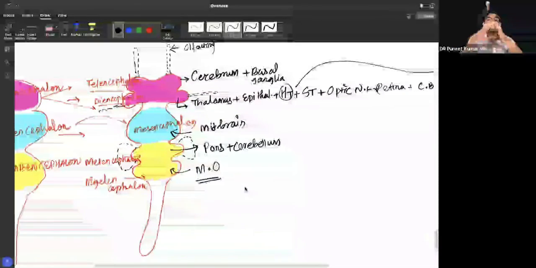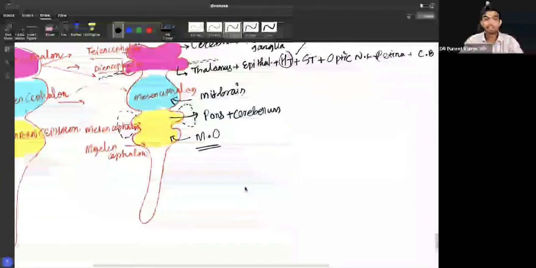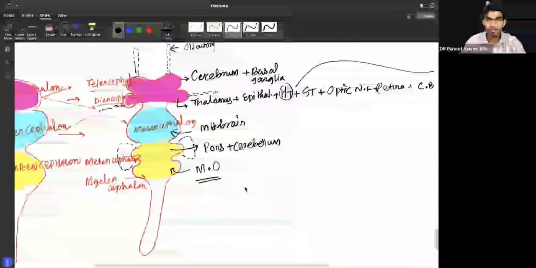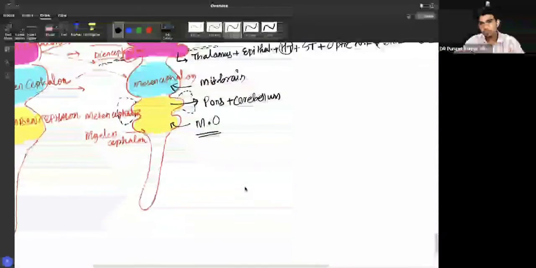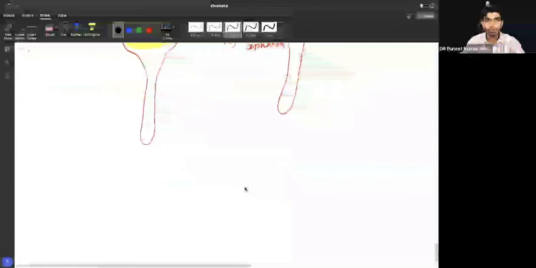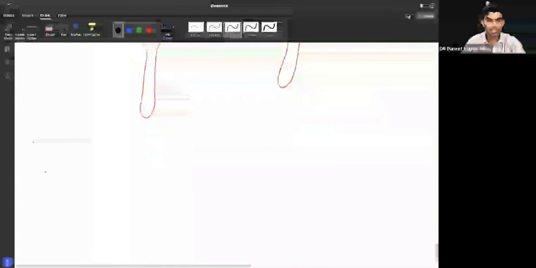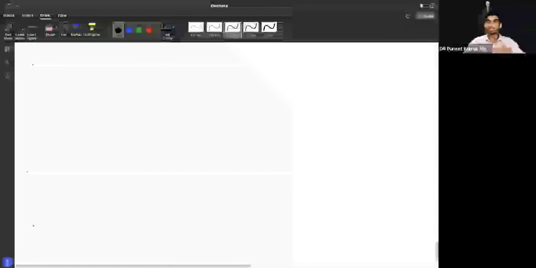Now look, your brain develops like this, in a tube-like structure. Now the brain folds upon itself. Up to this, your brain is a straight structure. Now your brain folds upon itself to form a C-like structure.